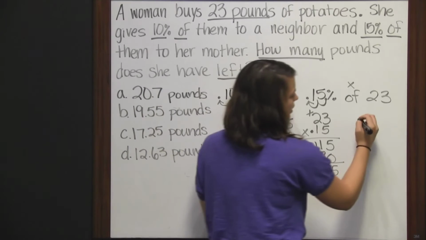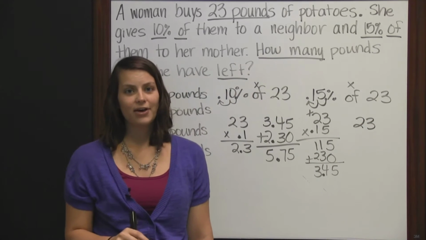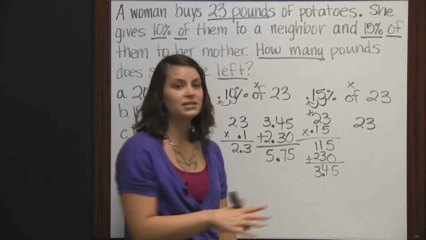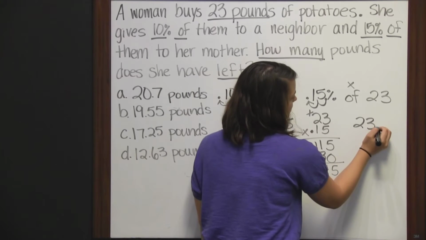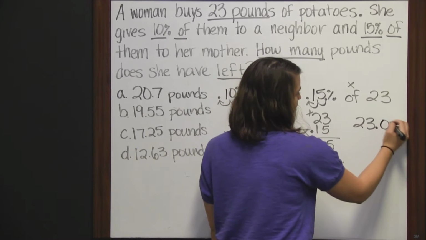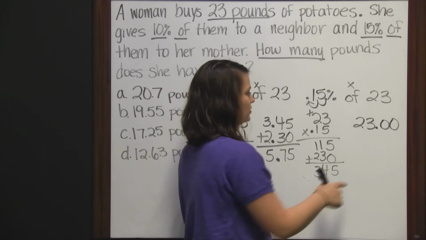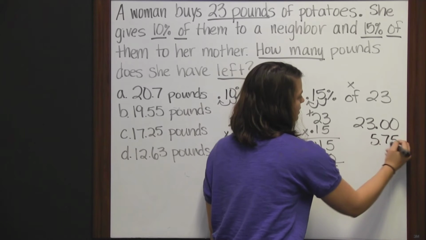So we'll take our 23 pounds and subtract 5.75 pounds. So we're subtracting with decimals, which means we need to line them up. And the decimal in 23 is at the back. And we can add 2 zeros there because the number doesn't change when you add zeros after the decimal. And then we can subtract the 5.75.